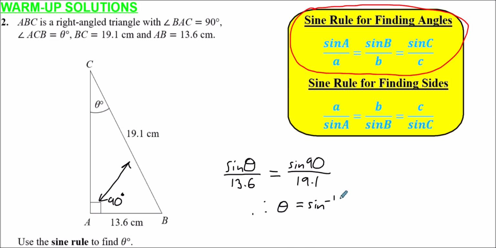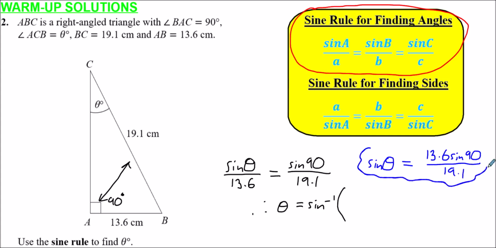will be inverse sine. If I multiplied this by 13.6 first of all, I'll just do this now just so you can see without me skipping too many steps. Sine theta would be 13.6 multiplied by sine 90 over 19.1. So we're just doing the inverse sine of this.